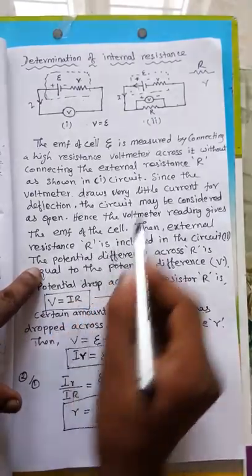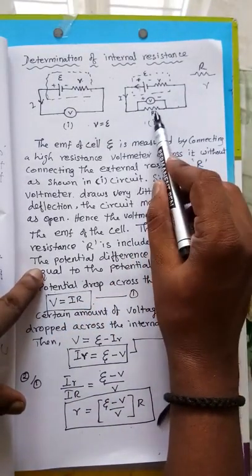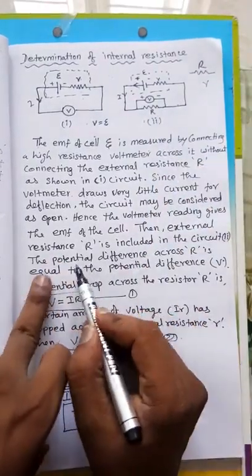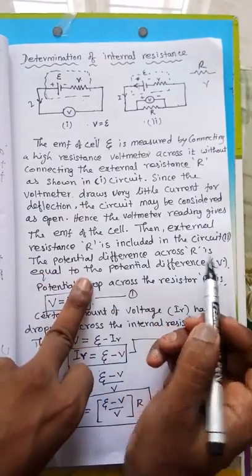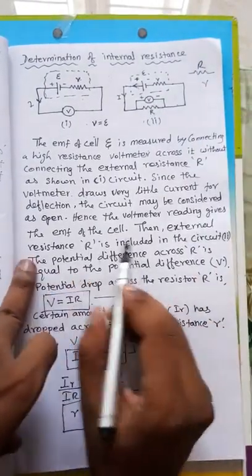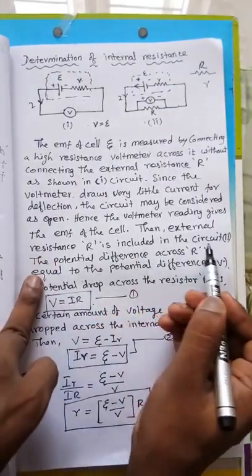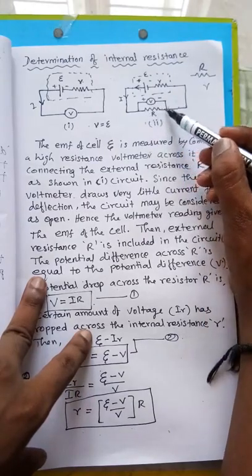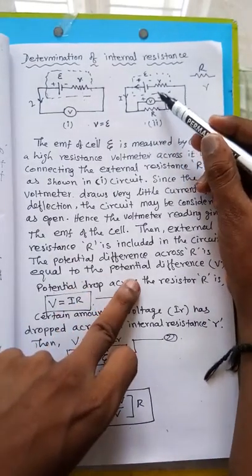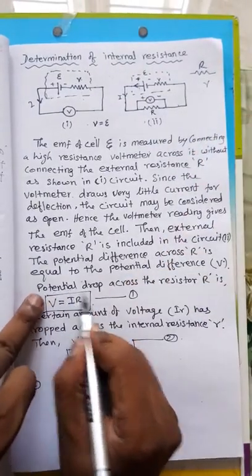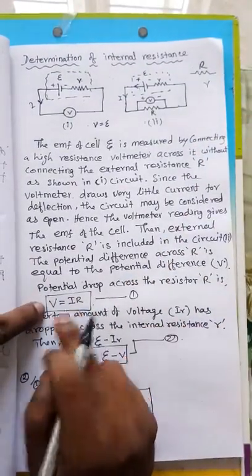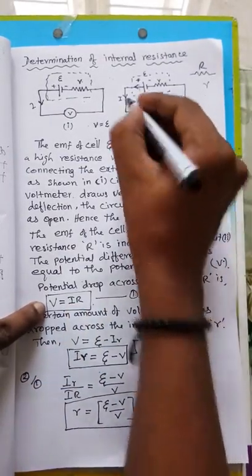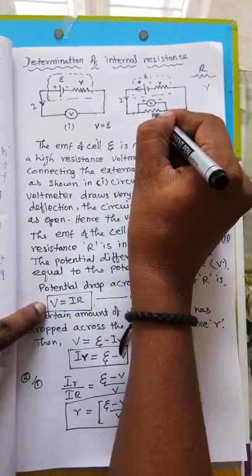In the other circuit, the external resistance R is included. The potential difference across R is equal to the potential difference V. So the potential drop across the resistor R is, according to Ohm's law, V is equal to IR, where I is the current passing through the resistor.